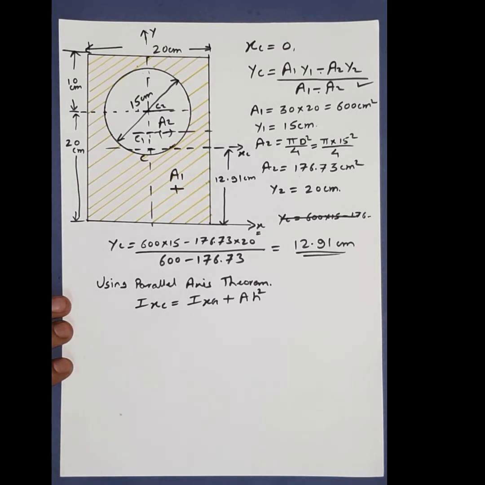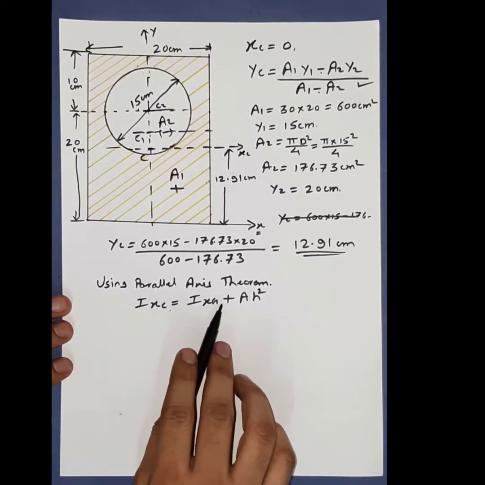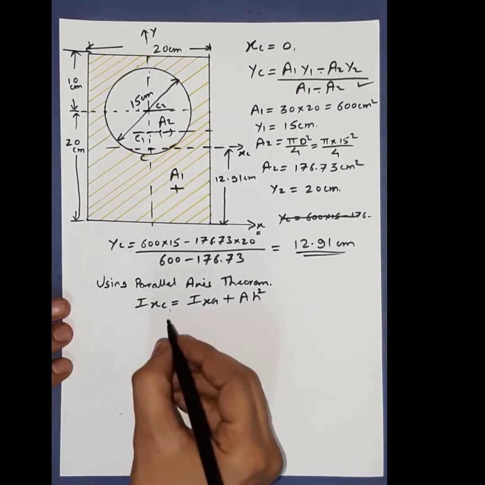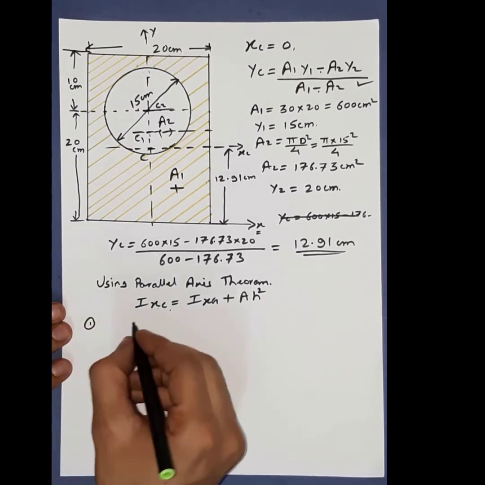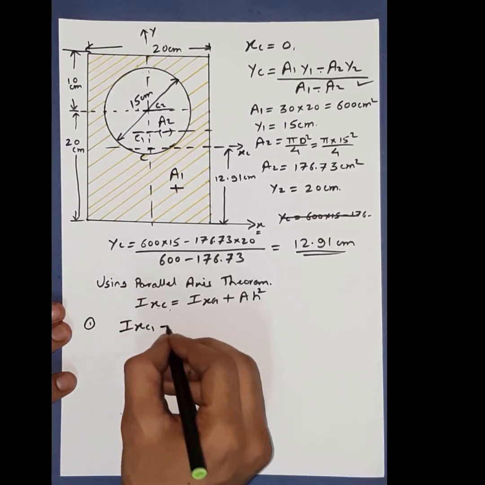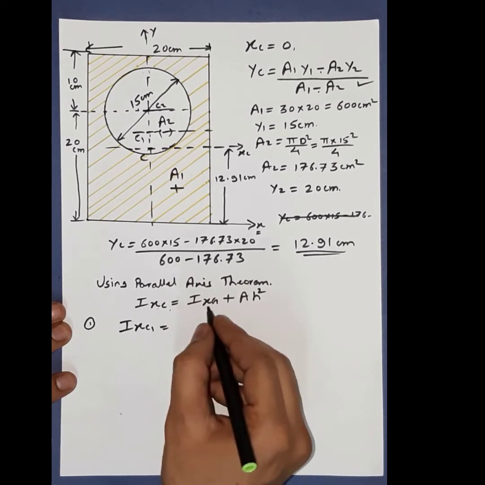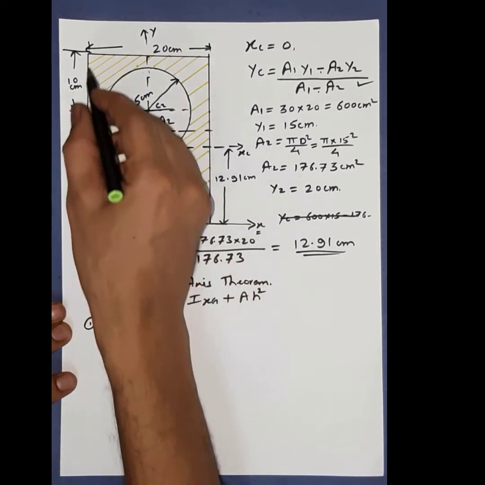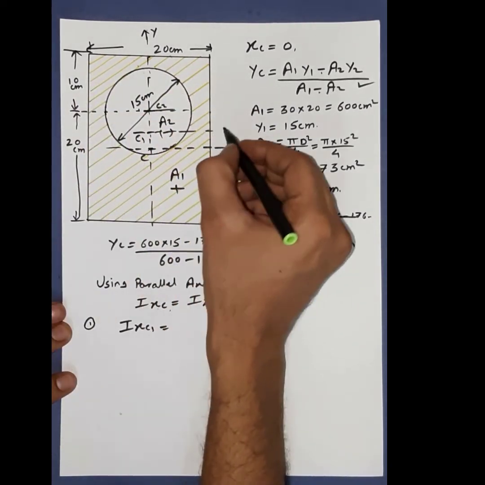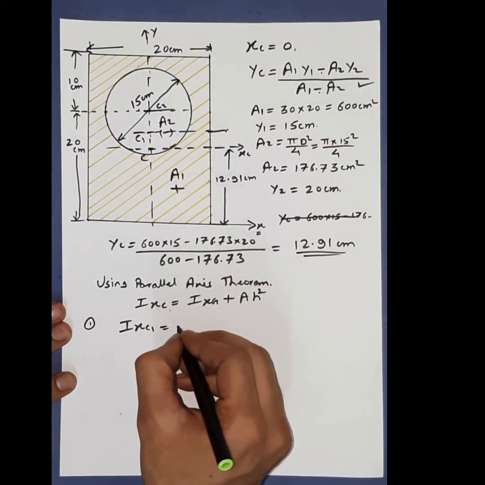So for the individual figure, for figure 1, that will be Ixc1 equals Ixg1 plus A1 h1 square. For figure number 1, Ixg1 is the moment of inertia of this rectangle about its centroidal axis, which is b d cube by 12.